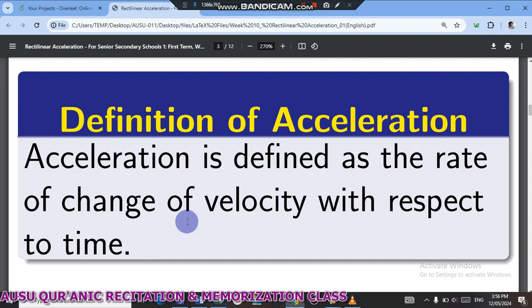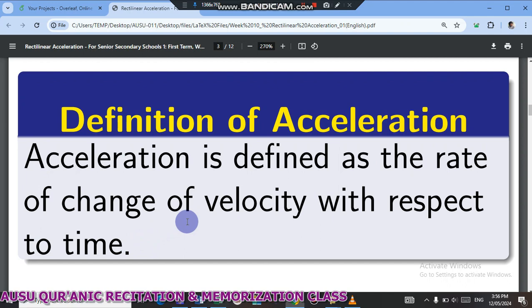So if an object is at rest, not moving, it has zero acceleration. Or if an object is moving with uniform, constant velocity, again its acceleration is zero. But if the velocity of an object is changing, you have acceleration.